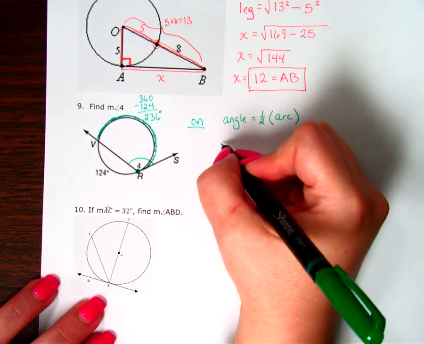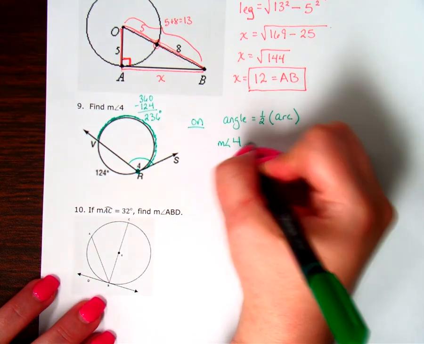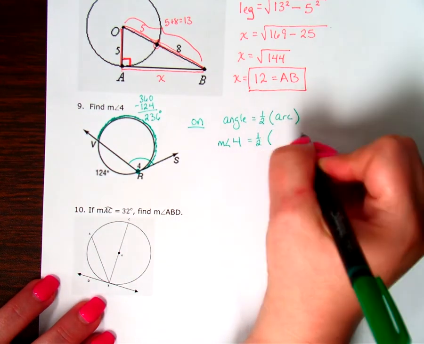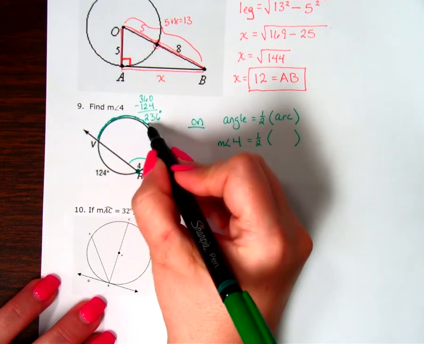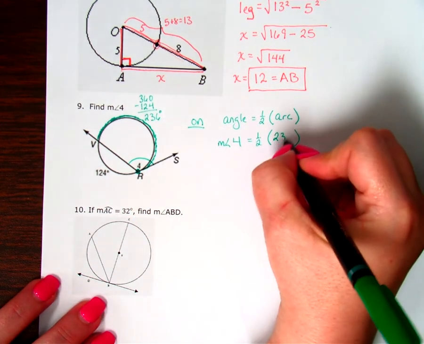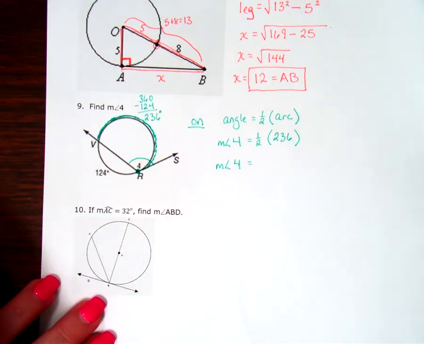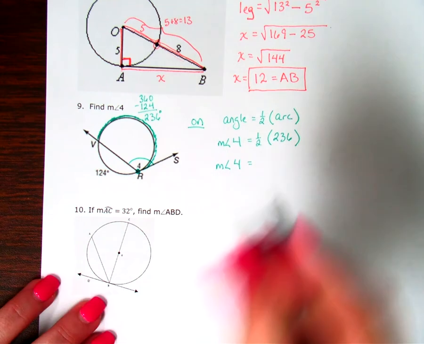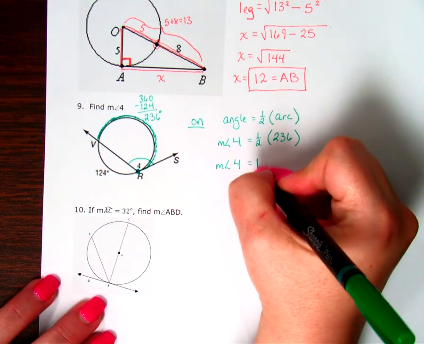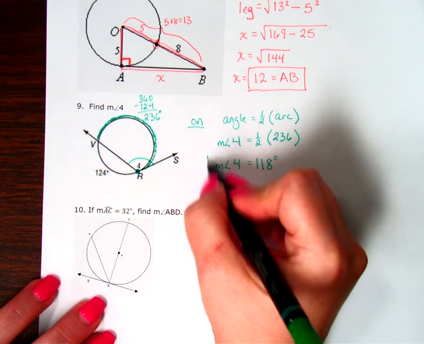So my angle, angle 4, is equal to 1/2 its intercepted arc, which is 236. So the measure of angle 4 is 1/2 of 236, which is 118. And it's an angle, so they are degrees.